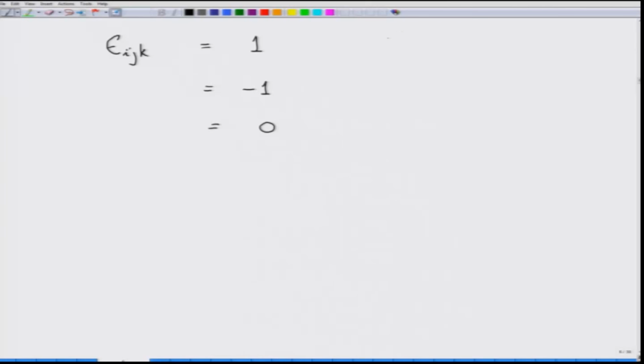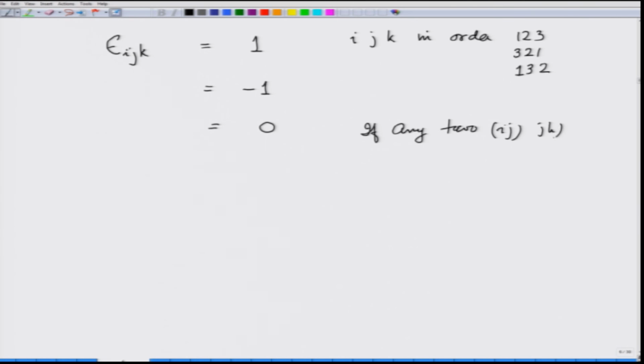So, if I have i, j, k in order 1, 2, 3 or a cyclic order, that means 2, 3, 1 or 3, 1, 2, then it is going to be 1. In the other orders it is going to be minus 1, and 0 if any two of i, j or k are equal.